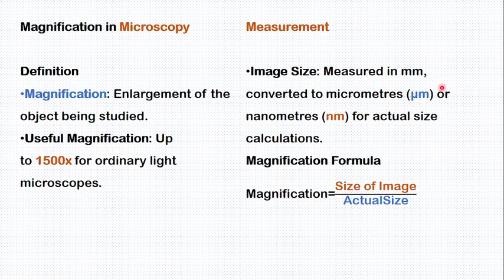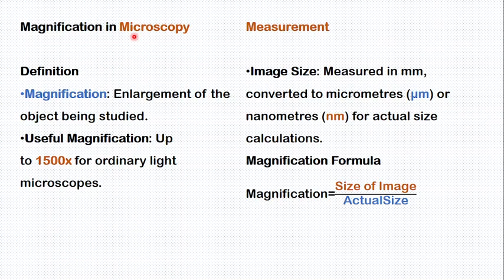If they give you the unit in millimeter, you have to multiply by 1,000 to convert to micrometer.